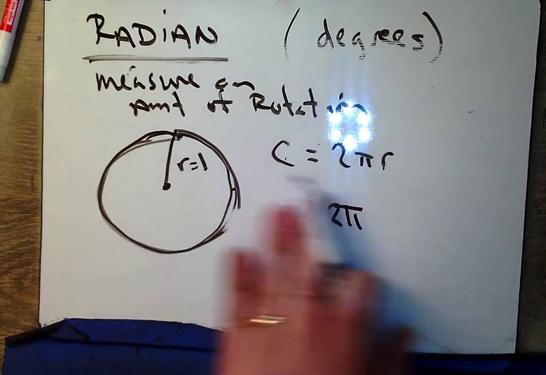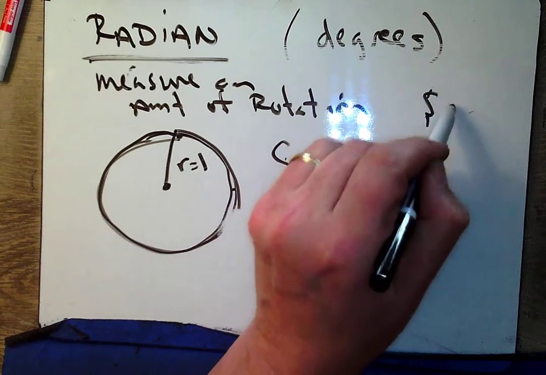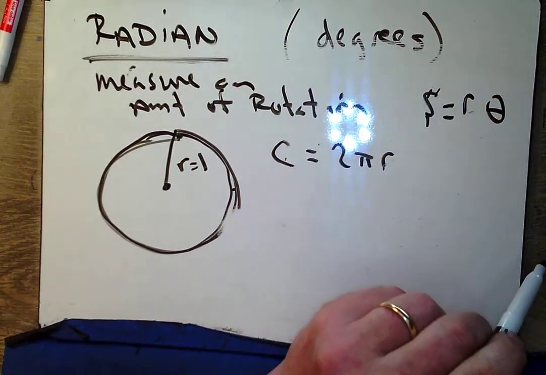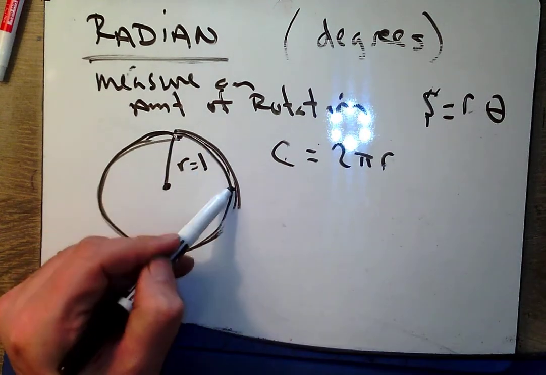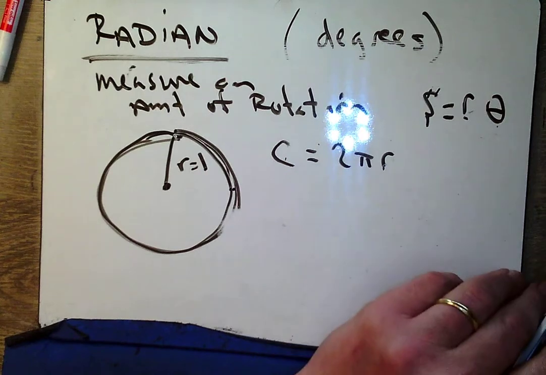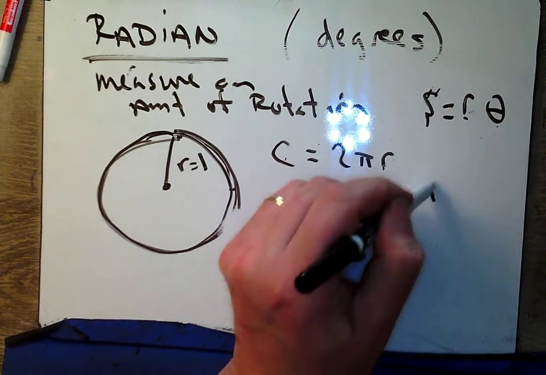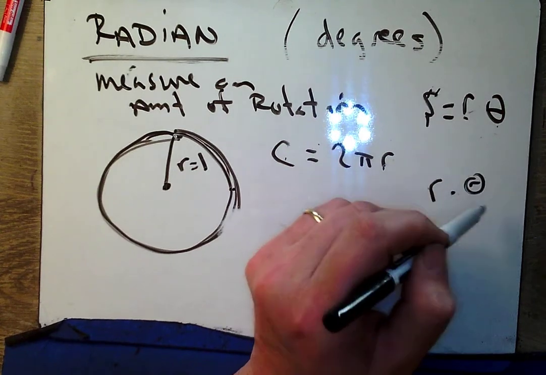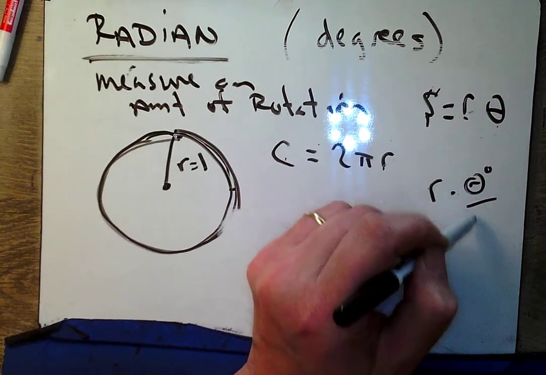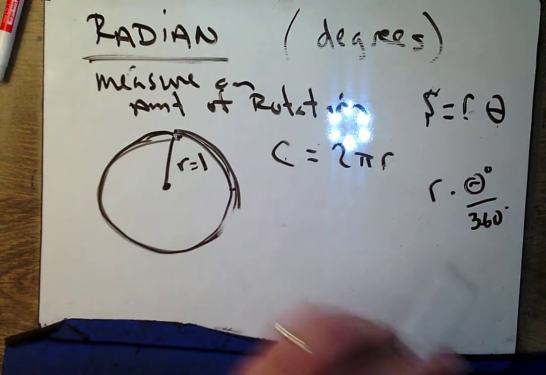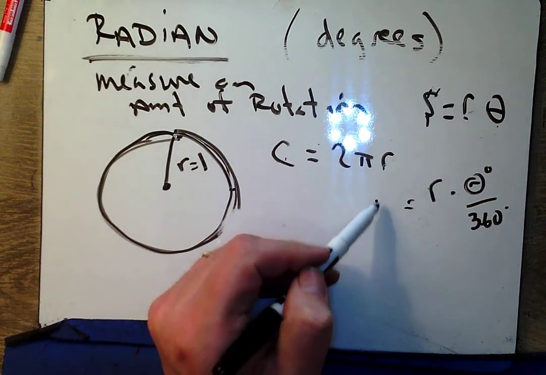Oh, sorry, that's what I'm missing. The arc length formula, S equals r theta. You used this in geometry class to find out how long that arc length was. You would take that radius and multiply it by the angle, except you didn't know radians at the time, and so you had your angle in degrees over 360. Okay? And that would give you the arc length.